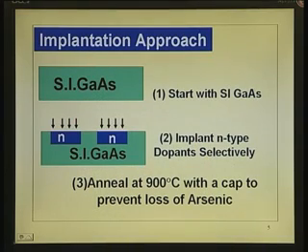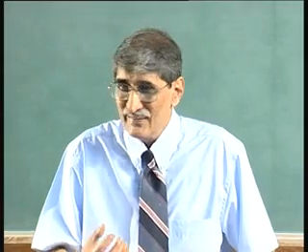Now, because of that, when the implantation takes place, the guest is not kind to the host, because it has a lot of energy. It knocks out host atoms from the lattice. So, once that is done, it is damaged thoroughly.